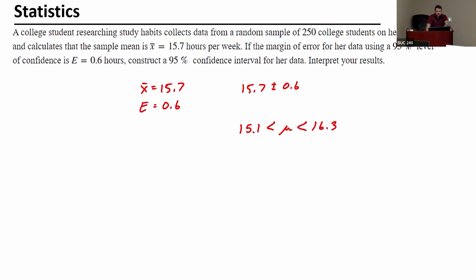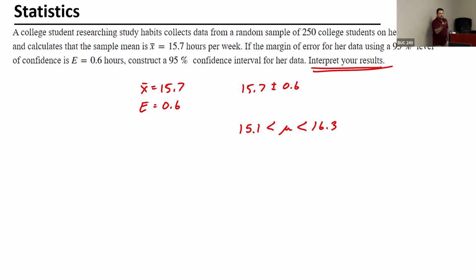Now what is that saying? Notice it said, interpret your results. I want you to walk away from this class knowing what this is saying. Why did I put the mu there? Do I know the population mean?